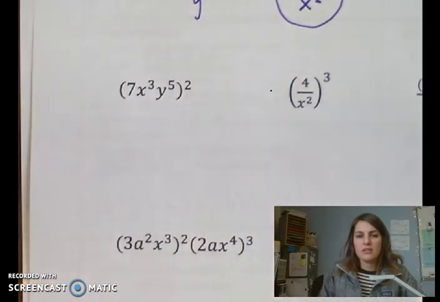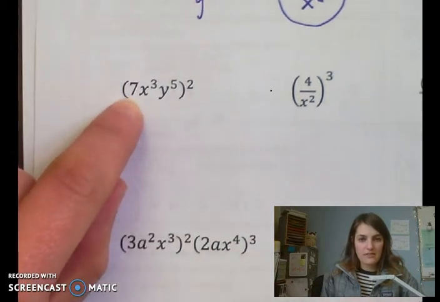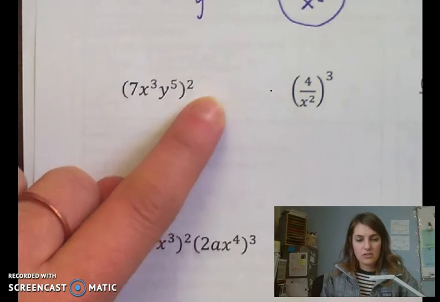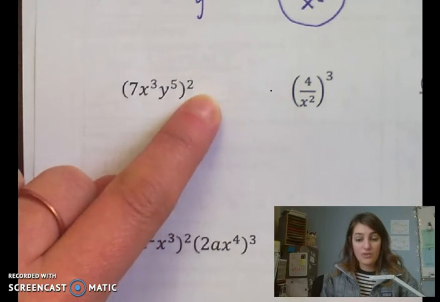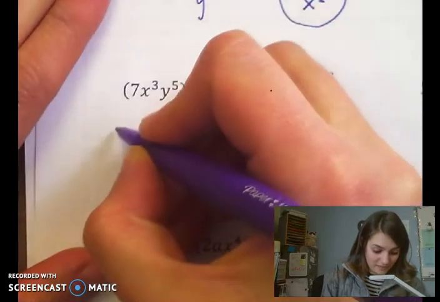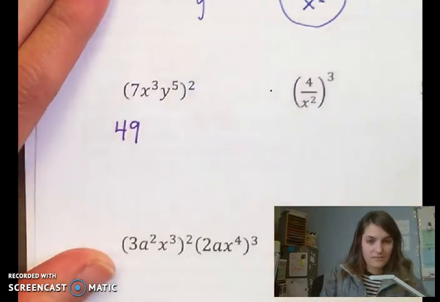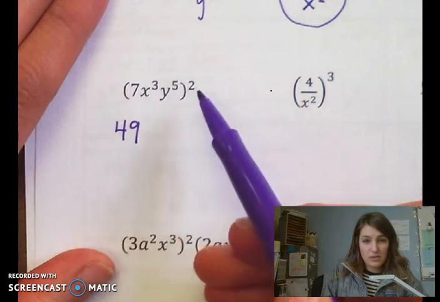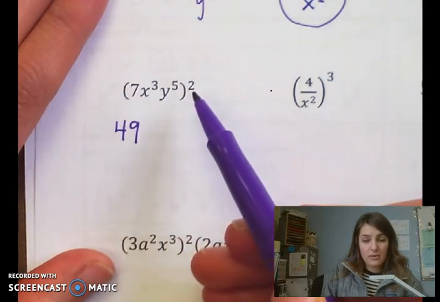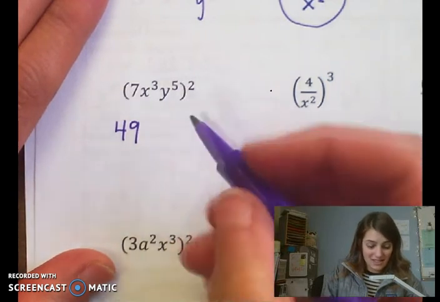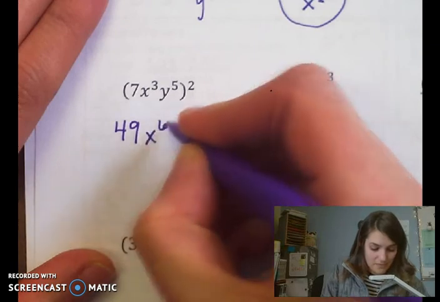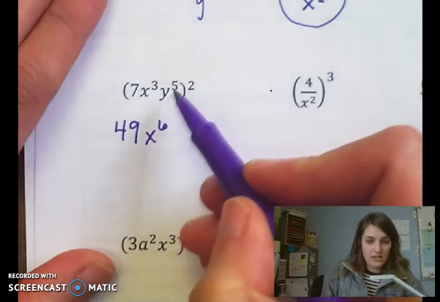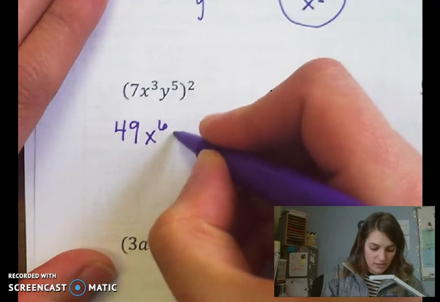So if we do this without writing it out, we need to be very careful because we are going to have 7 squared, which is 49. Then we have x cubed squared, which is x to the 6th. And then y to the 5th squared is y to the 10th.